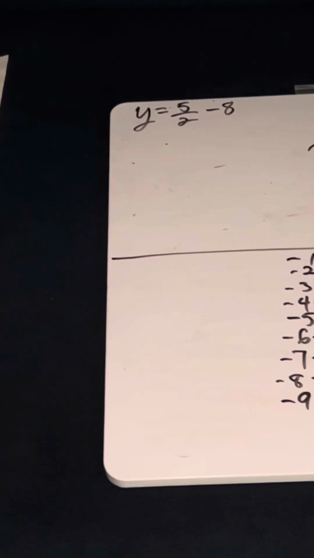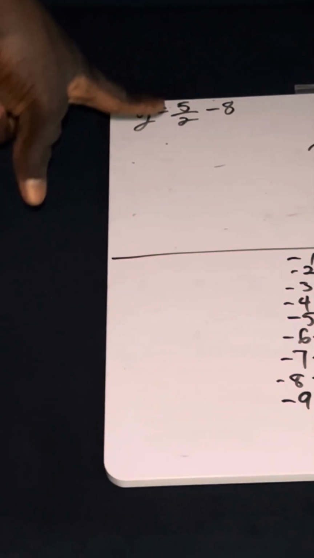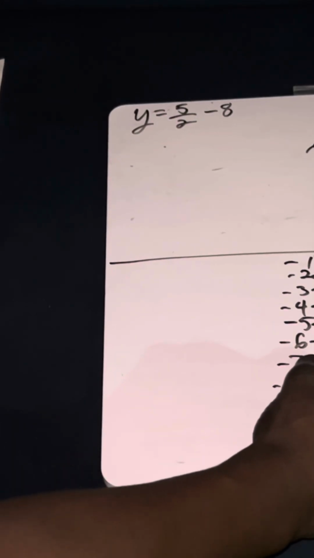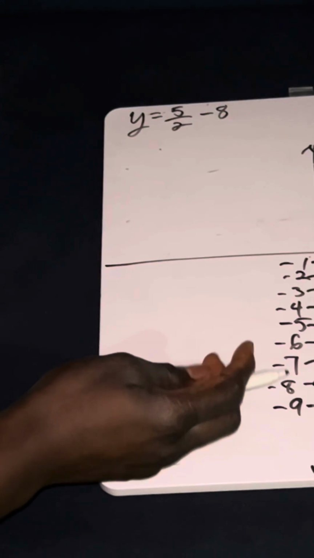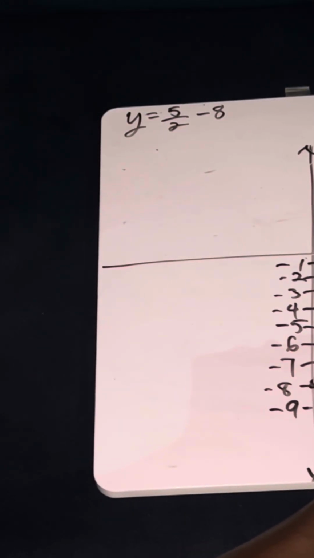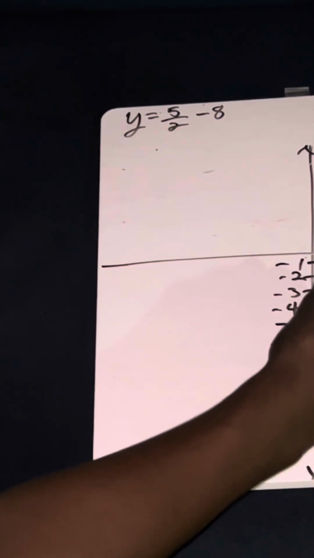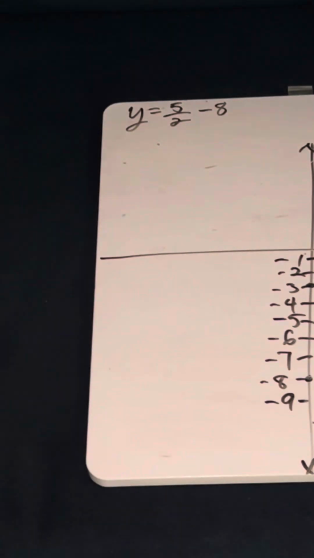Therefore, graphing this, we are going to place the y-intercept here, which is negative 8. So from negative 8 we rise up by 5, which is 1, 2, 3, 4, 5. We are going to get to negative 3.